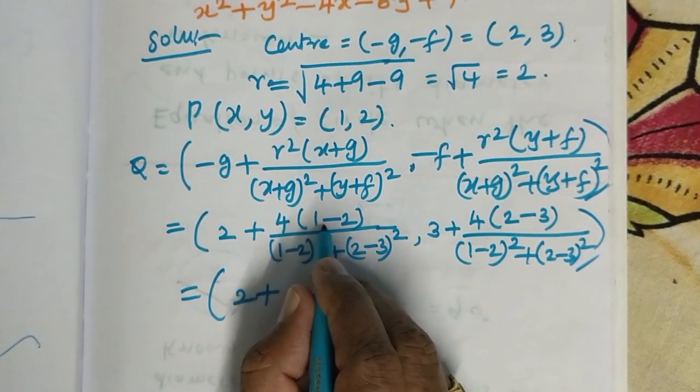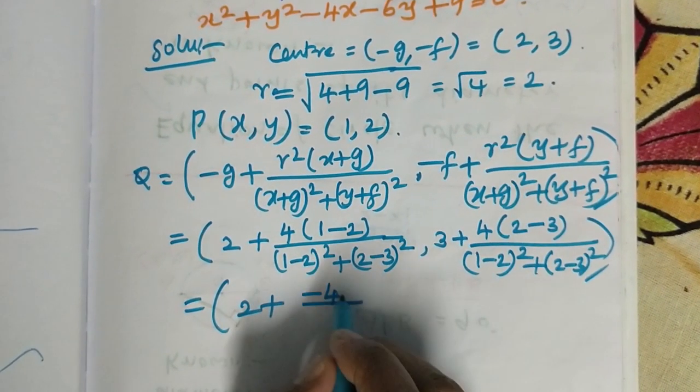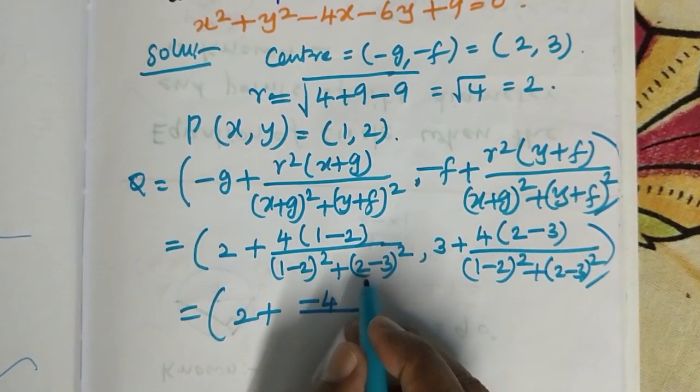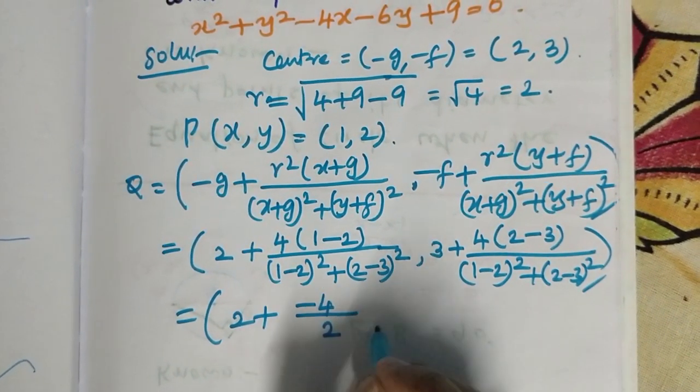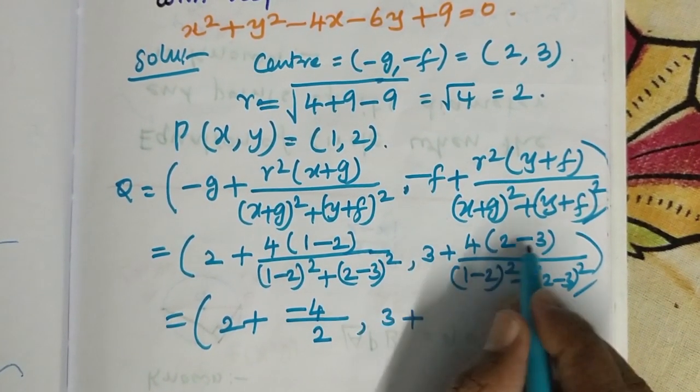So it is minus 4 by 1 minus 2 is 1, 1 square is 1 and this also 1 square is 1. So 1 plus 1 is 2, comma 3 plus 4 into this minus 1, this is minus 4 by it is 2.